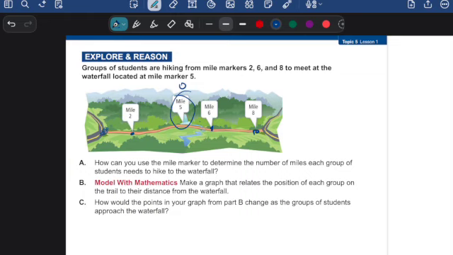And so the person at mile 6 is how far away from the waterfall? Well, they're 1 mile away. The distance is 1. What about the person at mile 8? They are a distance of 3 miles from mile 5. And the person at mile 2 is also 3 miles, but they are in the opposite direction.